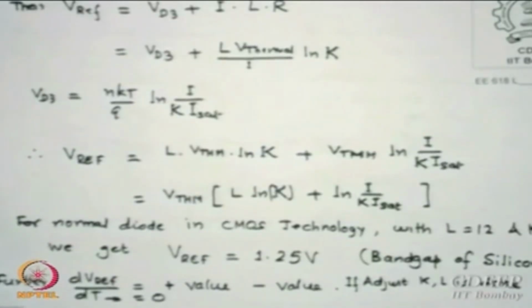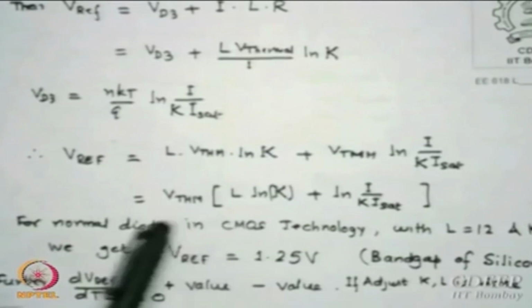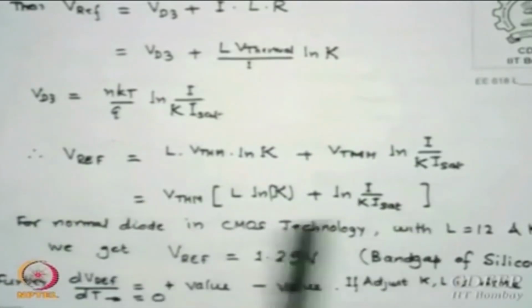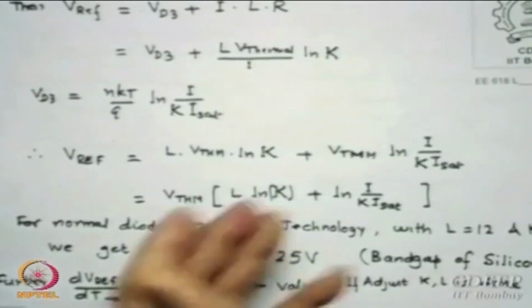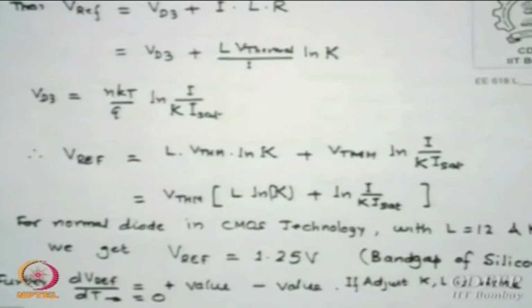Is that correct? So what are the choices for us? Choice of L and K. If I use this reference value shown here, for a given normal CMOS technology, I normally use L of 12, K of 8, saturation current of the order of 10 to the power minus 12, picoamps. Typically I use I in microamps, few microamps, 10 microamps, 20 microamps.